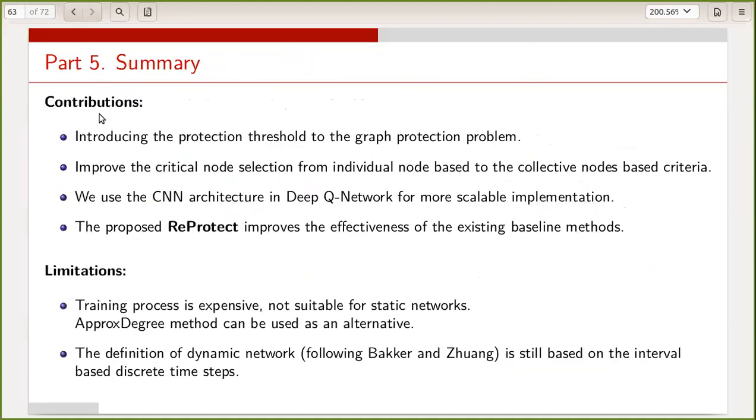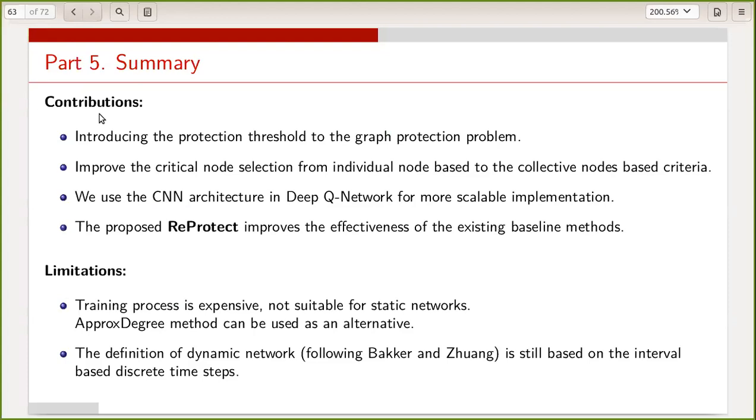So in summary, first, we introduced the protection threshold using the minimum vertex cover. Also, we improved the critical node selection from individual node based to collective node based criteria. And we use the CNN architecture on reinforcement learning, using the deep Q network, for more scalable implementation.